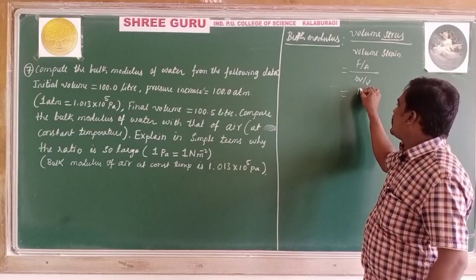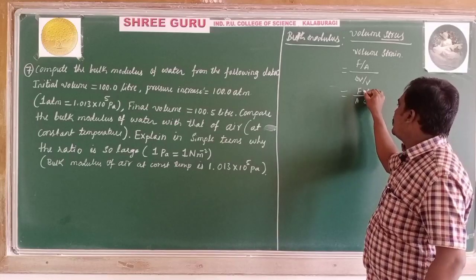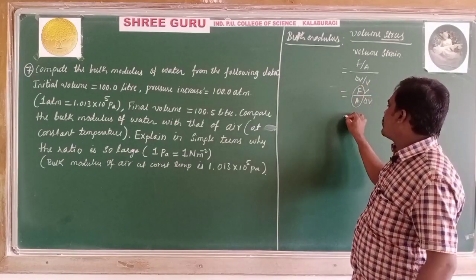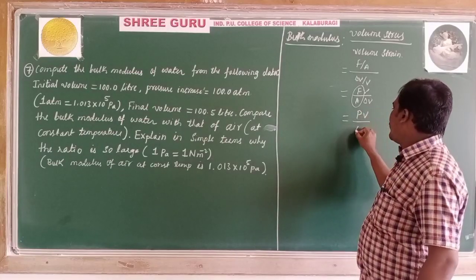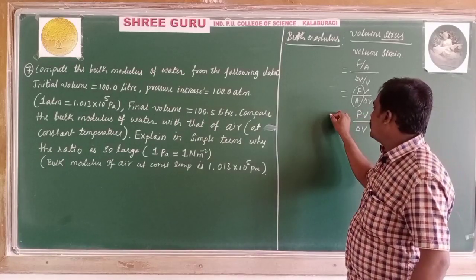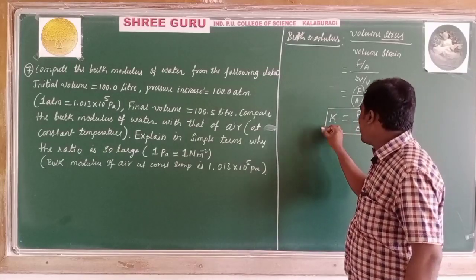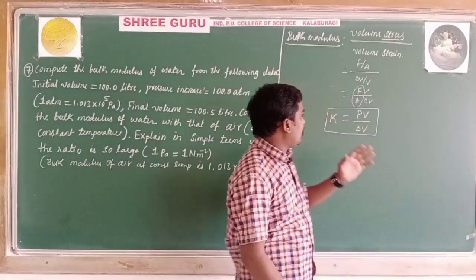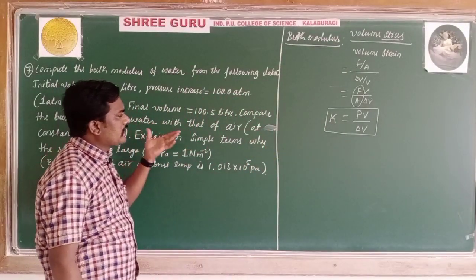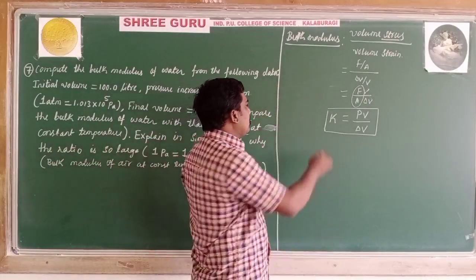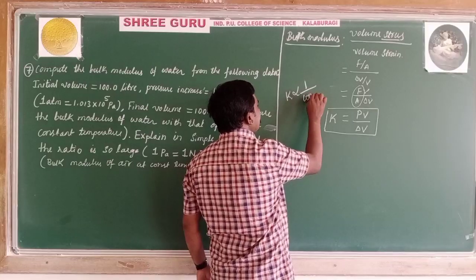We can say that F by A into delta V. We can also convert this force acting per unit area, which is nothing but pressure, by delta V. Bulk modulus K is equal to PV by delta V. This relation we can use to solve these types of numericals, and keep in your mind bulk modulus is inversely proportional to compressibility.